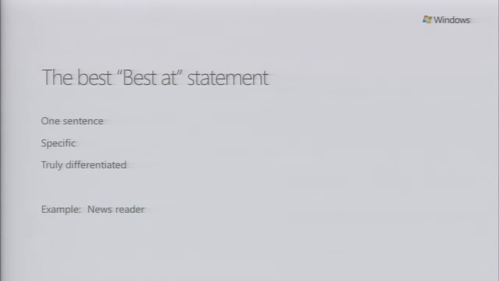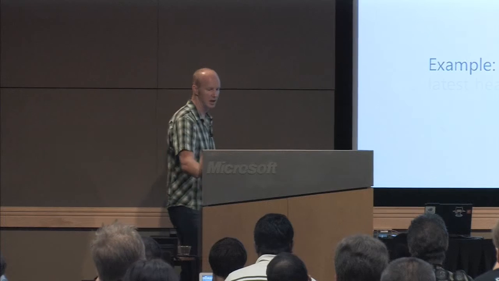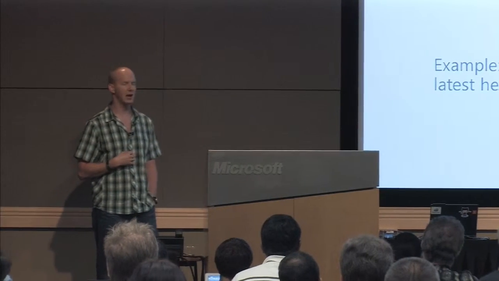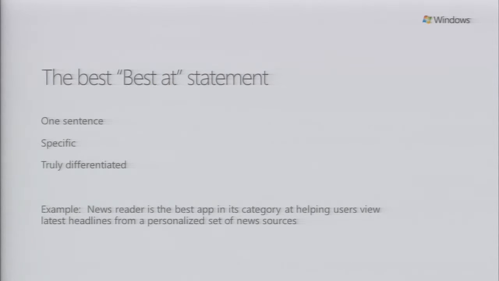So for example, for that newsreader app, rather than just saying we're going to create a newsreader app and try and figure out all the different scenarios and all the different features that would reinforce that, we'll create a sentence like, newsreader is the best app in its category at helping users view the latest headlines and personalize their news sources.